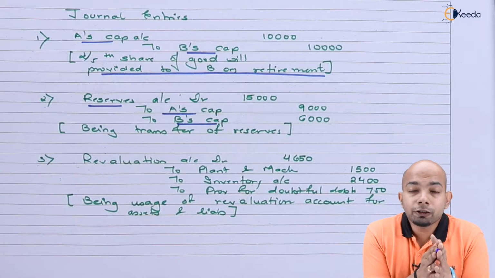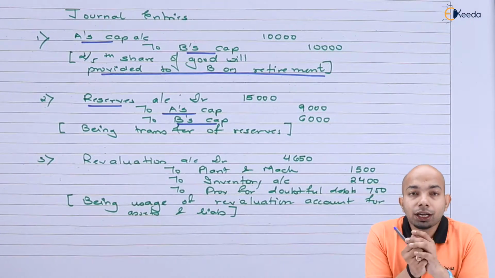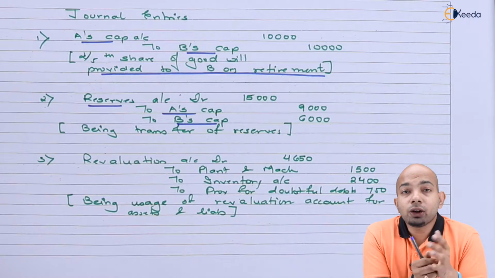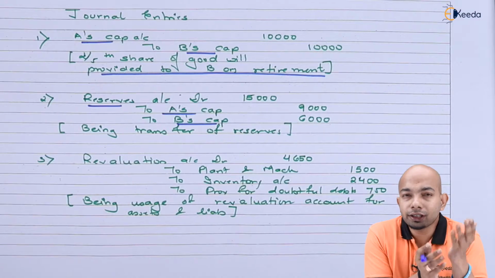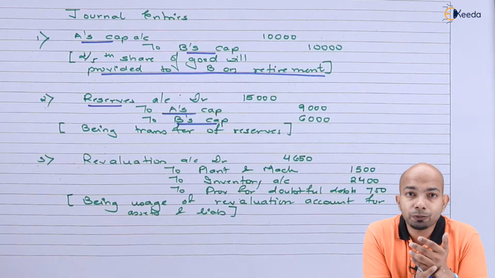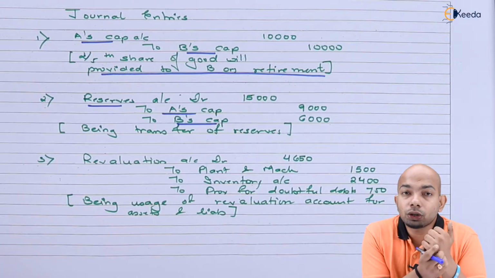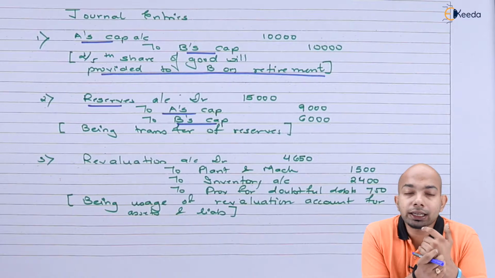Now the third entry that we have passed here is usage of the revaluation account. So the revaluation account has been debited, and all those assets which went down because of the revaluation, that means plant and machinery which got depreciated by 7.5%, inventories which got further depreciated, and the liabilities that were created, that means provision for doubtful debts.